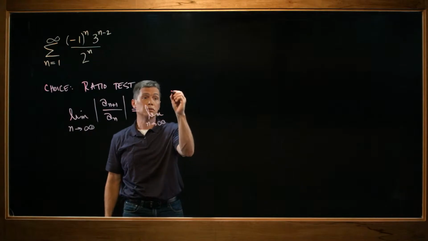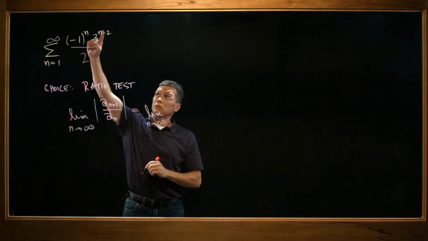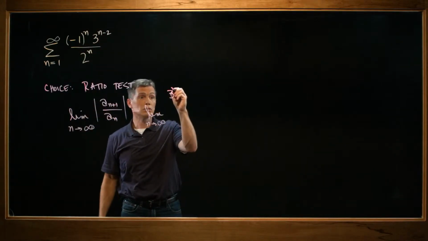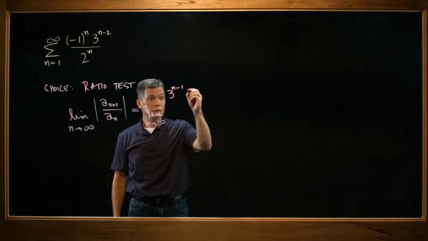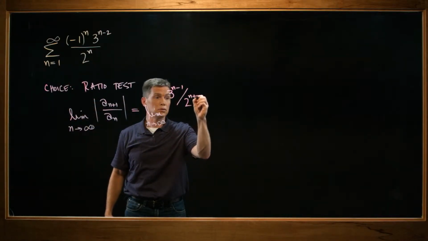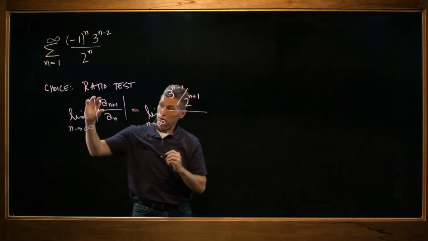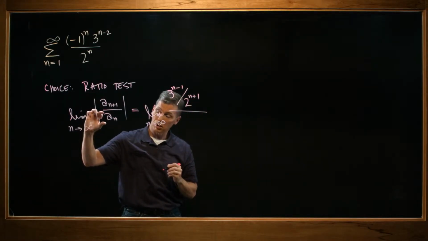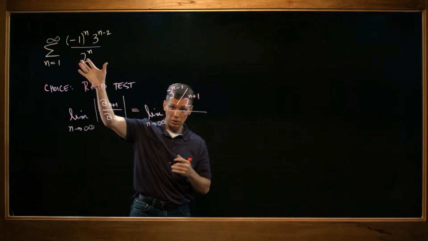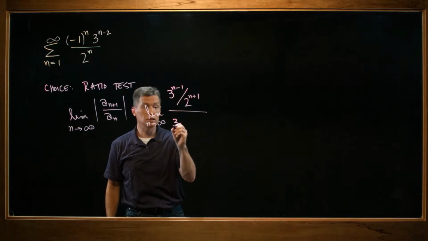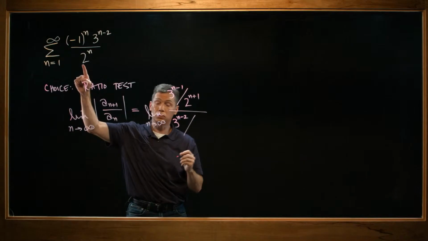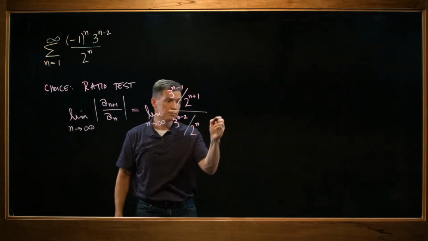So I'm just going to go right to the 3 raised to the n plus 1 minus 2, so n minus 1, divided by 2 raised to the n plus 1. That's my numerator. Down in the denominator, a sub n is just exactly that original expression, again without the minus 1. So I'll have 3 raised to the n minus 2 divided by 2 raised to the n.